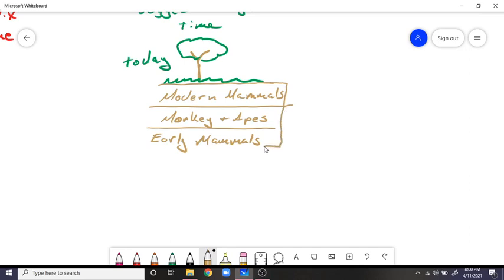Paleontologists who are digging through these layers are going to be studying the Cenozoic era.